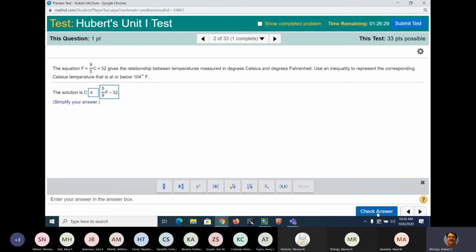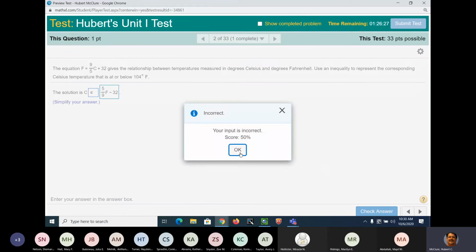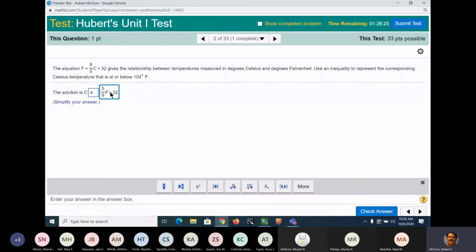And I really don't think that's what they want. I think we did this for homework, and we had to go back to a homework question. Do they want 5F over 9? Does everybody remember doing this question? Anybody? Okay, we'll come back to it.